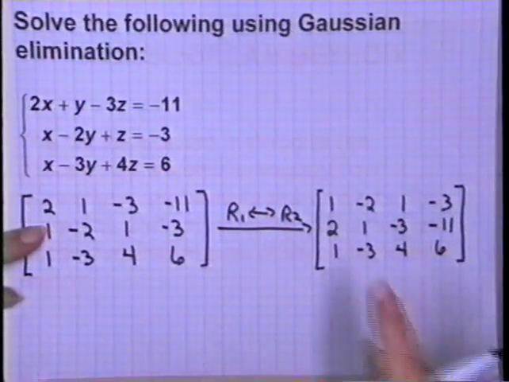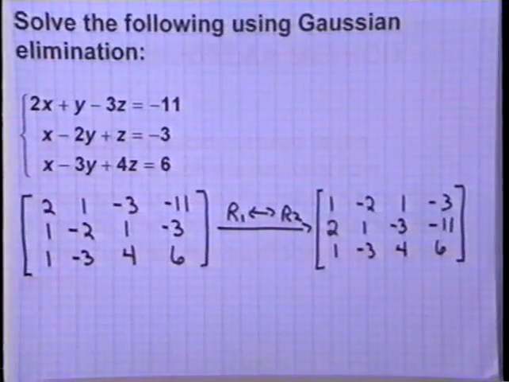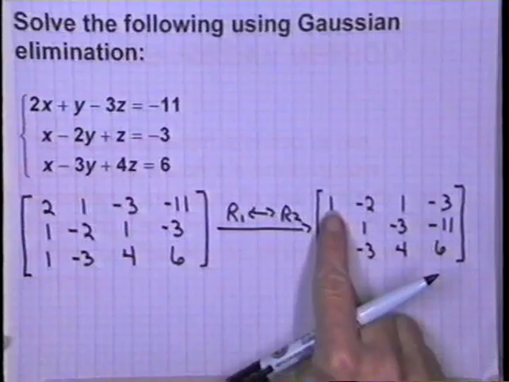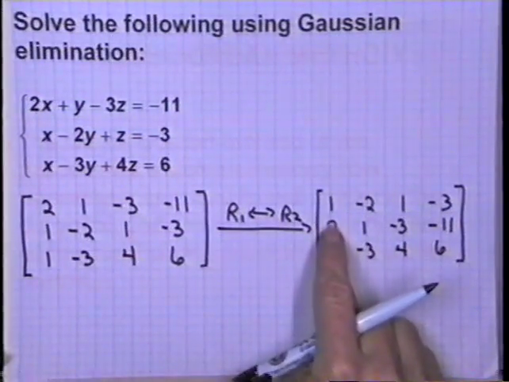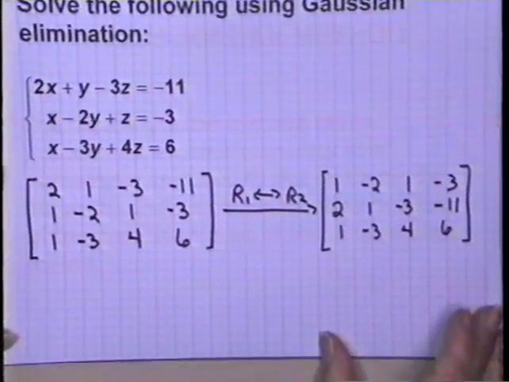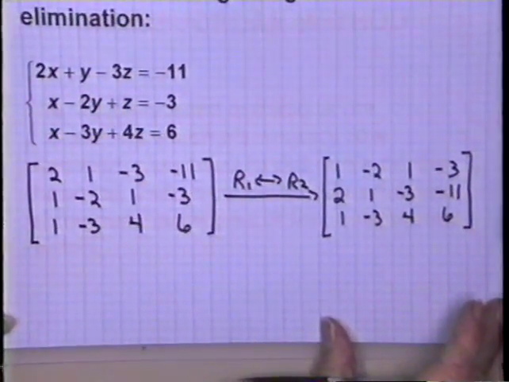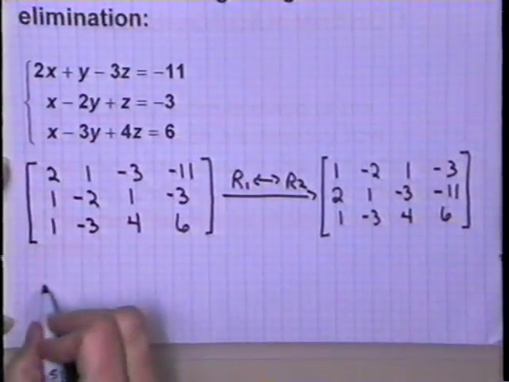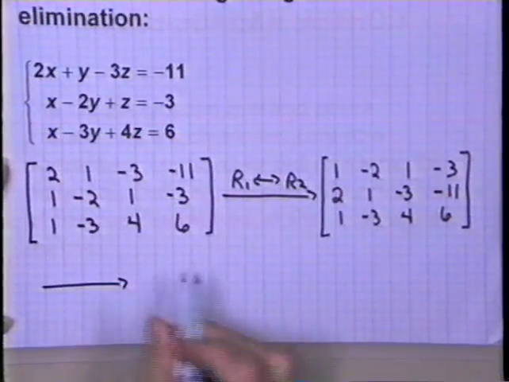Okay? So we've gotten our 1 up here in this upper corner. Now, after I get my 1 in the upper corner, I want to get zeros down underneath here. Now, sometimes I will combine this and do 2 steps sort of together. I'm going to put my arrow over here because I don't have room.